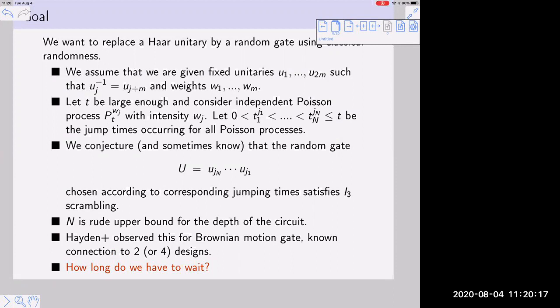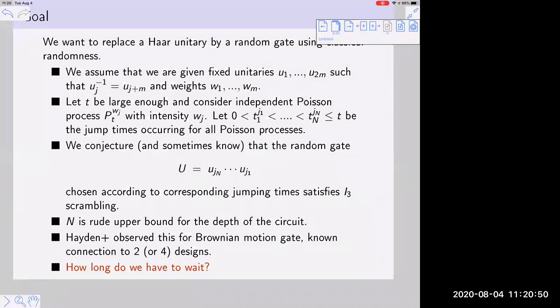So here's my proposal. We fix 2m many unitaries in a given Hilbert space. We assume that we also have the inverses. So from n plus 1 to 2m, we list the inverses. We make sure that the inverses are there, and we give weights from 1 to n. Then we take a large T and Poisson processes, which jump according to these weights, right? And for a given number T, we list all the jumping times for all these m different Poisson processes.